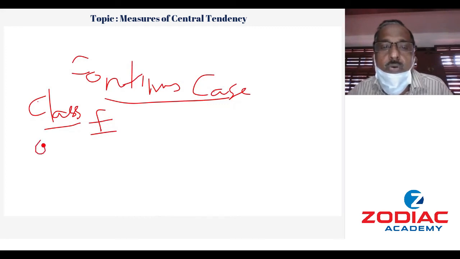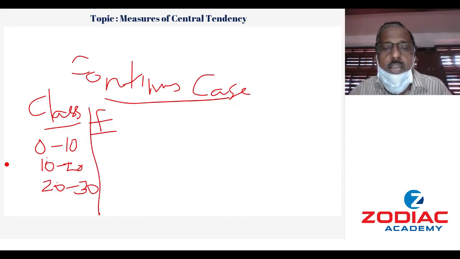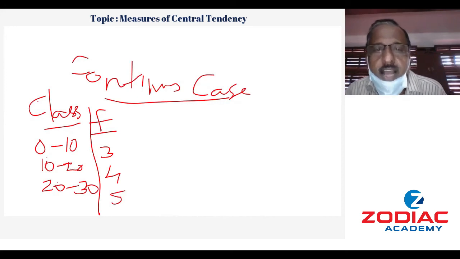Suppose the classes are 0 to 10, 10 to 20, 20 to 30, and the corresponding frequencies are 3, 4, 5. So this is the case where class interval and frequency are given. This is the third case.